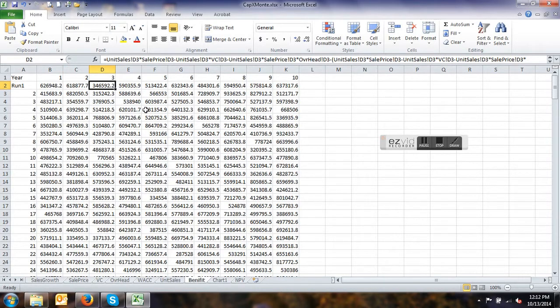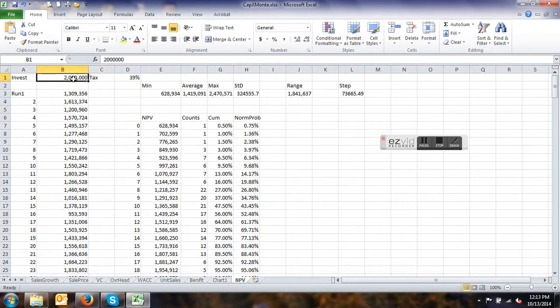In terms of calculating the NPV, now that I have my cash flow stream that's coming in, slide over here to my NPV. My investment, I just arbitrarily said it was $2 million. It's our NPV value. You'll notice we're going to pick the WACC that's a random variable. We're going to the benefit tab for what my positive cash flows are.